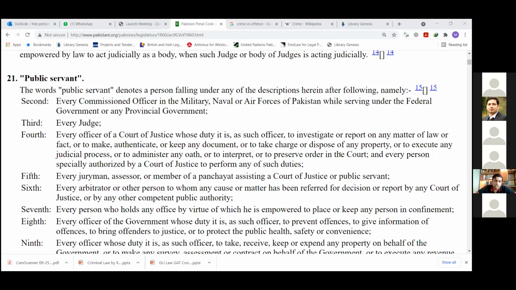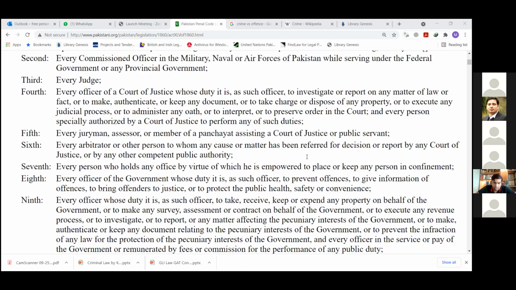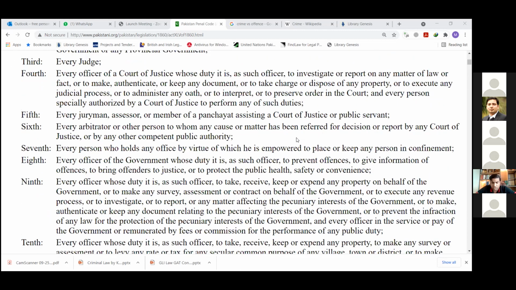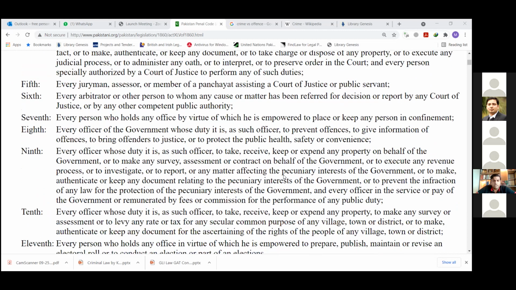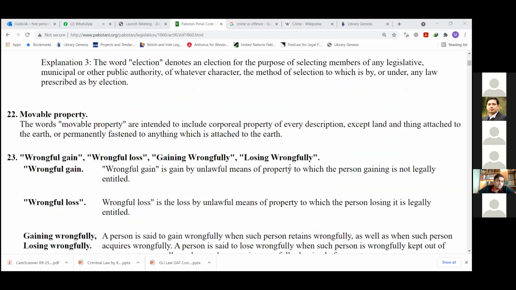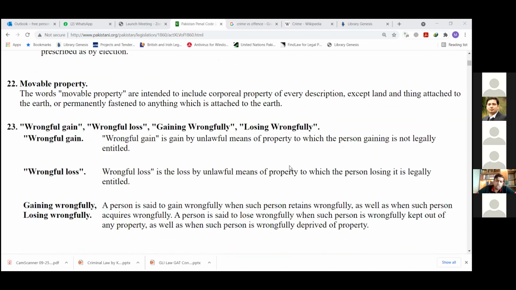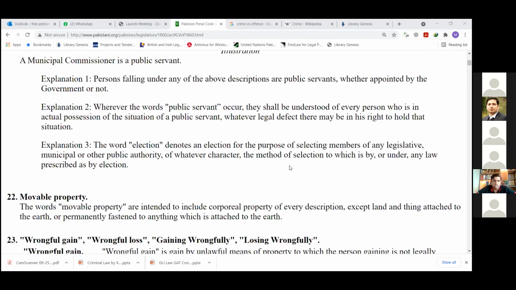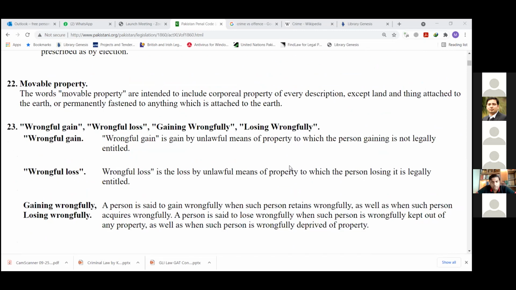So according to this definition, commissioned officers in armed forces, every judge, every officer of the court of justice, every juryman, every arbitrator, every person who holds any office by virtue of which he is empowered to place or keep any person under confinement, and so forth. So there is a detailed list which provides for the definition of public servant.